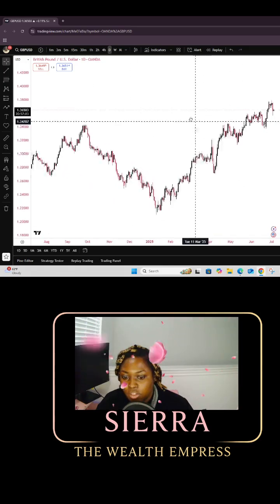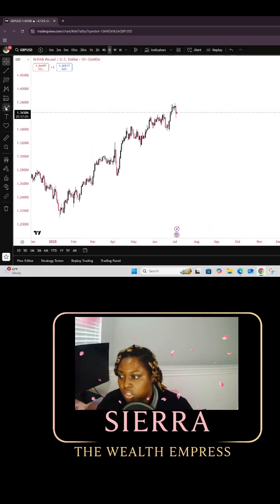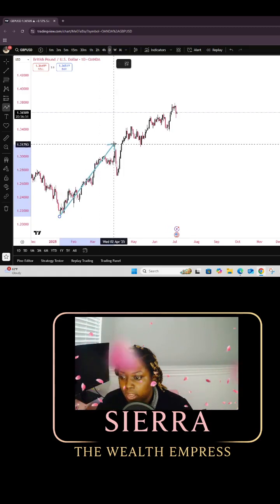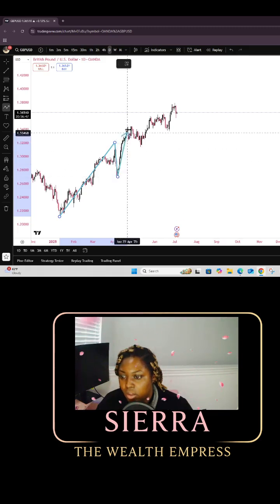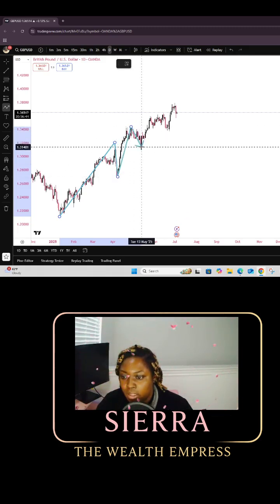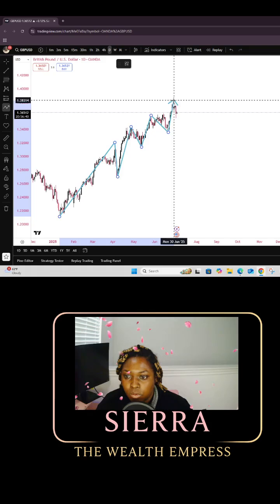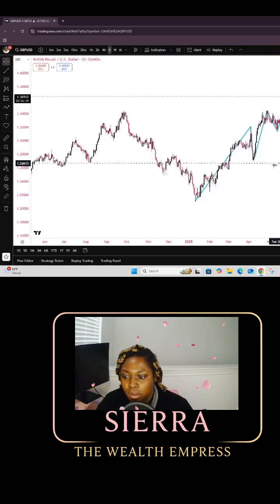All right. So if we come over here on GU, we can see that price is making, well, price has to break this structure for it to be a higher high, right? And so this right here is our higher high. This is a higher low, higher high, higher low, higher high, higher low, higher high, okay? Uptrend.